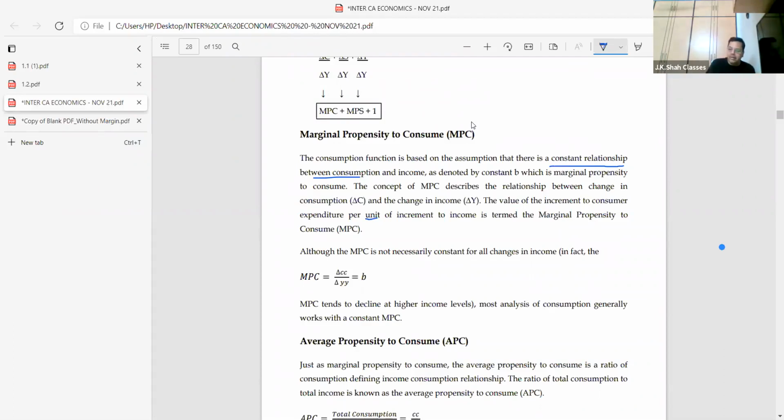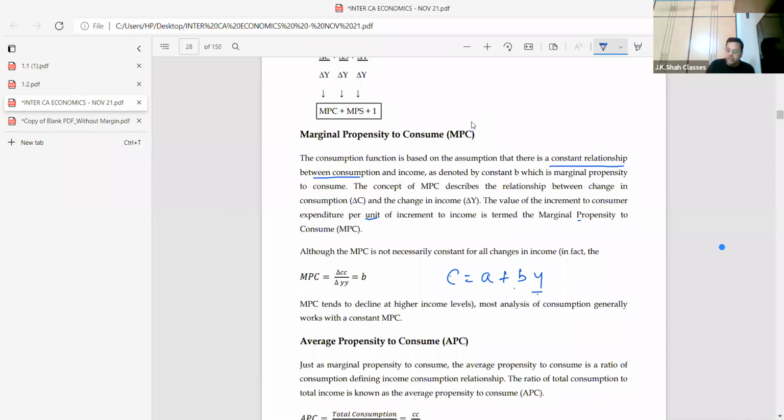Now, some particular understanding. Look here. The value of the increment to consumer expenditure per unit of income is termed as MPS. This we know. One more thing, students, I'll clarify over here. I used to say C is equal to A plus BY. Do you remember A? What is A? Come on, tell me, Kavya. Autonomous consumption. What was B? Induced consumption. I said induced consumption depends upon your income.